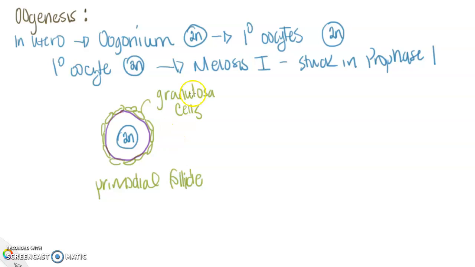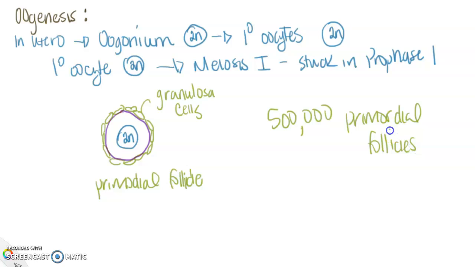Okay, so when you're born, this is what you have. And we have about 500,000 primordial follicles with primary oocytes. Okay, and again, they are stuck in prophase 1.